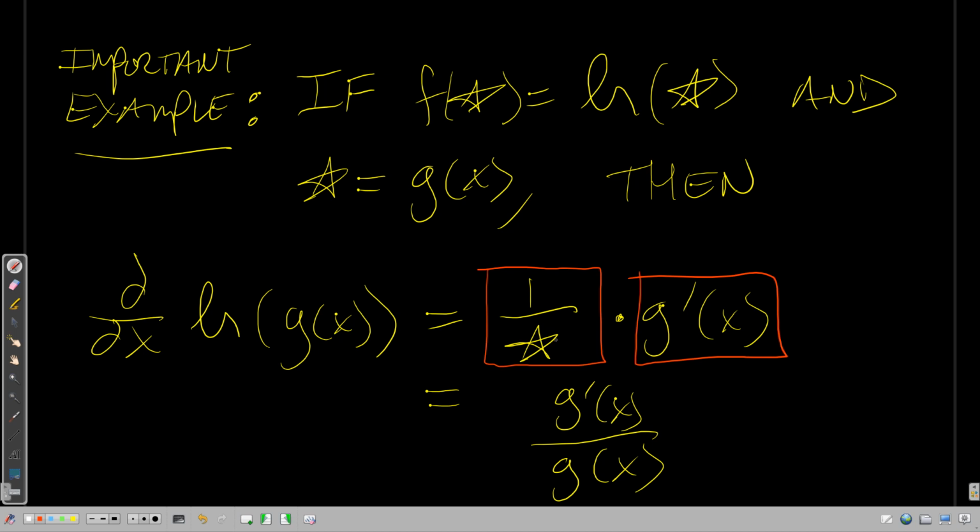And the star is just g of x. So you get this. And we used to say that this was a special case of the derivative of natural log. You also know this as the relative rate of change.